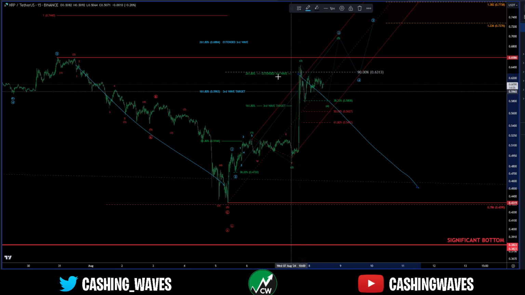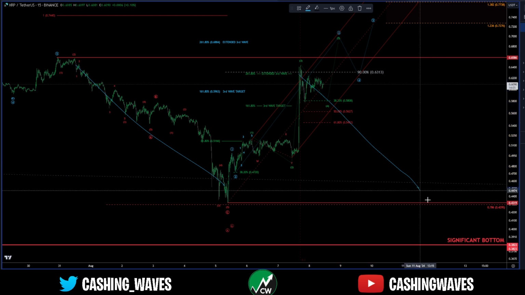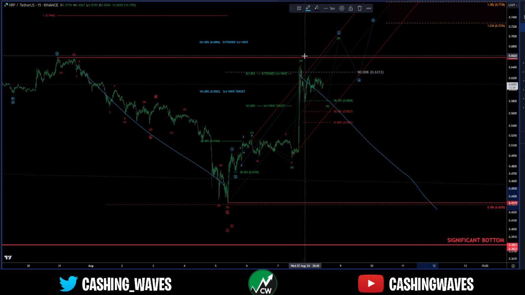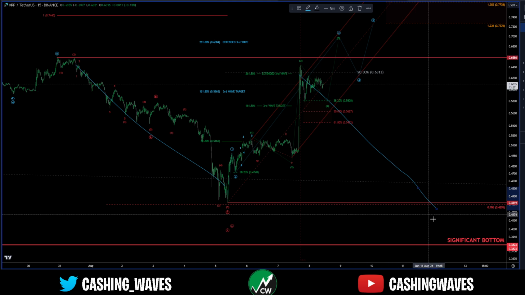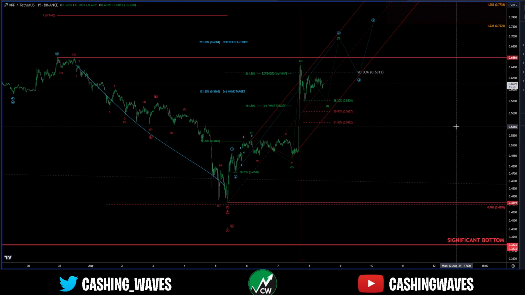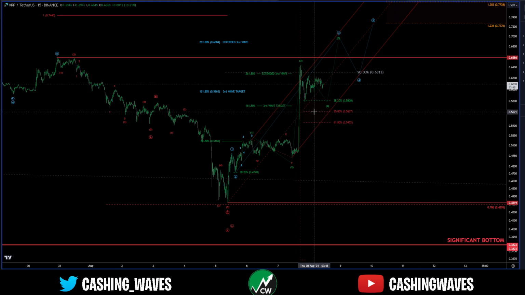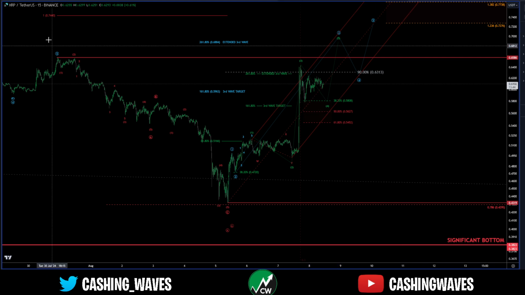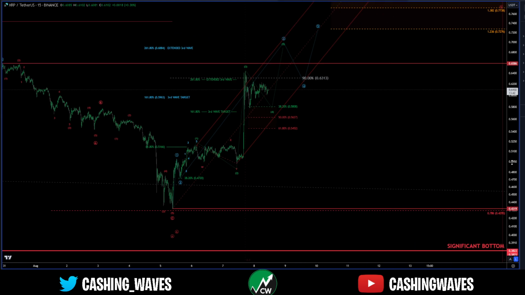But anyways, that is possible as well. So you just got to keep that in mind. We have hit the 90%, potentially in a 3-wave move, although I don't think so, just potentially. So that can happen. So knowing all these things, that's why I protect myself just past that 50%. I am wrong on the bullish count pretty much there in my head. So why would I hold on to it any longer, right?